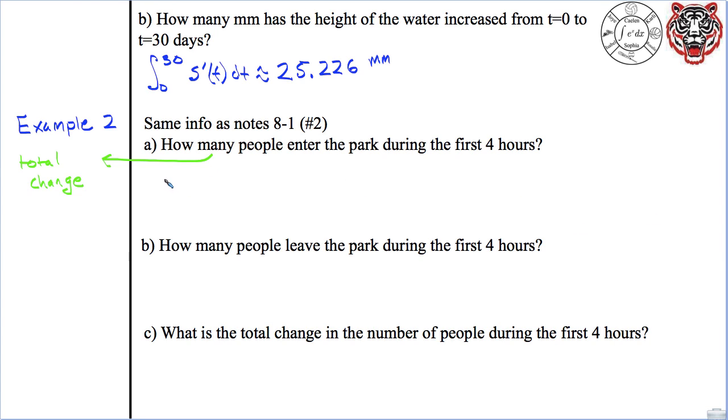What are we doing on our calculator? We're taking the integral between 0 and, careful, not 30. So it's in the question for A. 4, yeah.